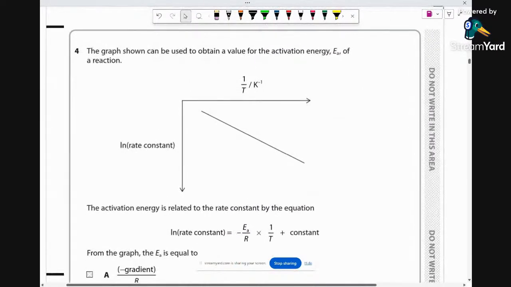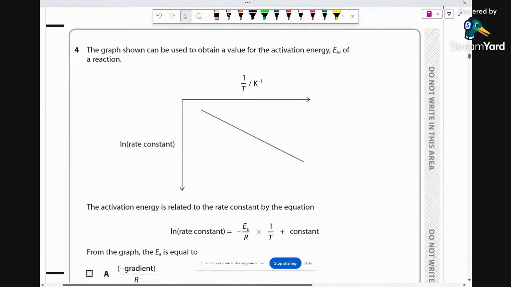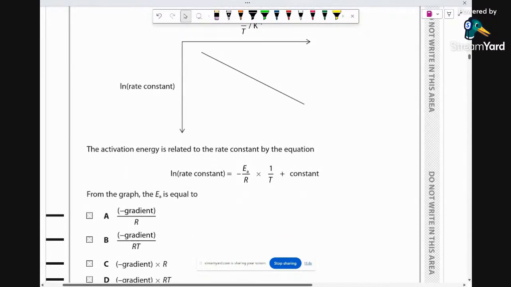Okay, next. The graph shown is obtained for the activation energy. Yep, okay. We've seen this in kinetics. We do this a lot. This is how they link together the Arrhenius equation in kinetics. And we've got the activation energy, so they've given us the equation. Now, this is the reorganization of the Arrhenius equation.